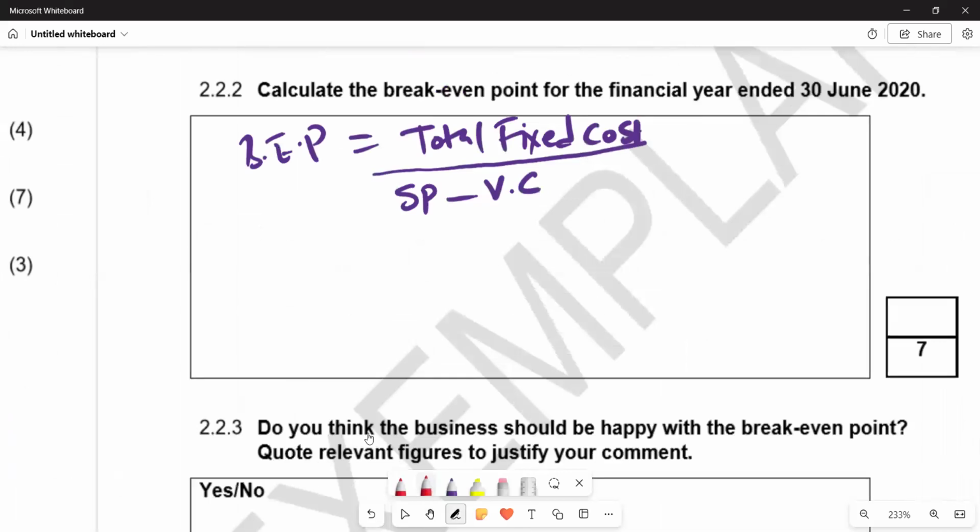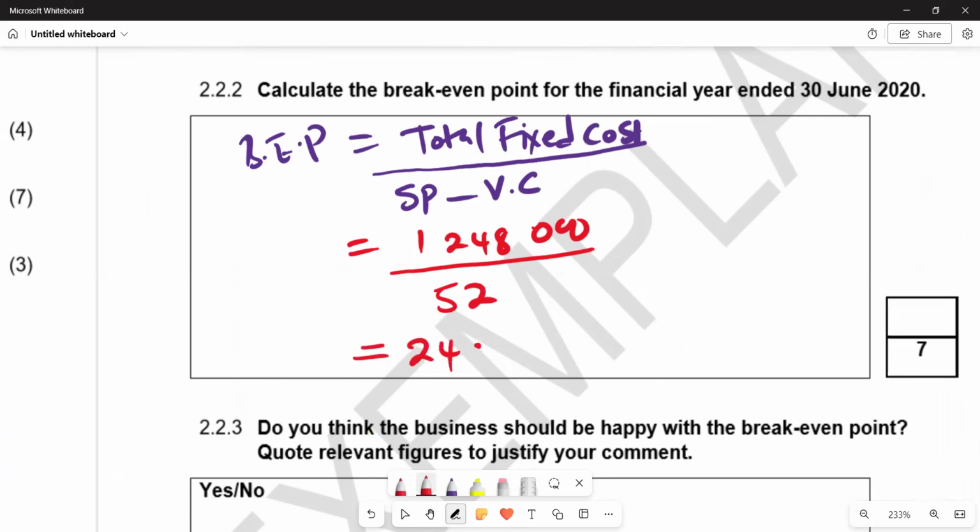We are now saying it is equal to total fixed costs, 1,248,000, divided by 52. And the final answer that we are supposed to get there is 24,000. And remember, this formula will give you the break-even point in units. So we are going to say 24,000 units is the break-even point.